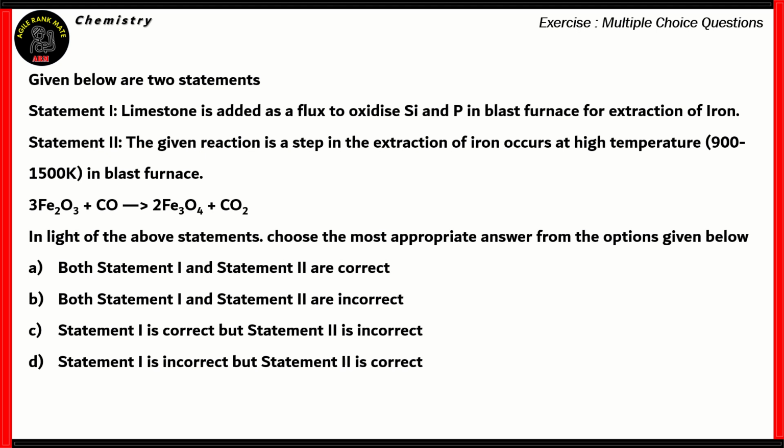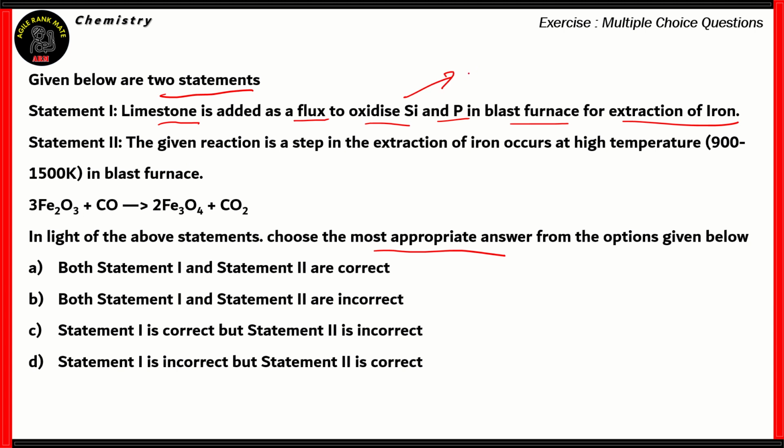Now the final question for today. Given below are 2 statements. We need to find out the most appropriate answer by finding out which of these 2 statements are true and which of them are false. So, statement 1. Limestone is added as a flux to oxidize silicon and phosphorus in the blast furnace for the extraction of iron.